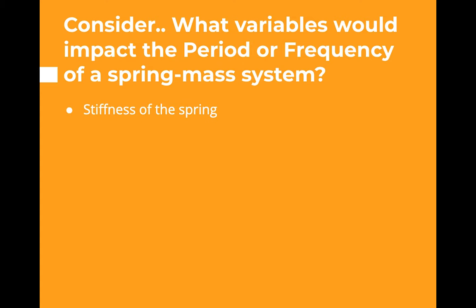One factor that will impact the measured period or frequency of a spring mass system is how stiff the spring is, the stiffness of the spring. We call the stiffness of the spring the spring constant. In other words, it's a constant value that is a measurement of how stiff a spring is.